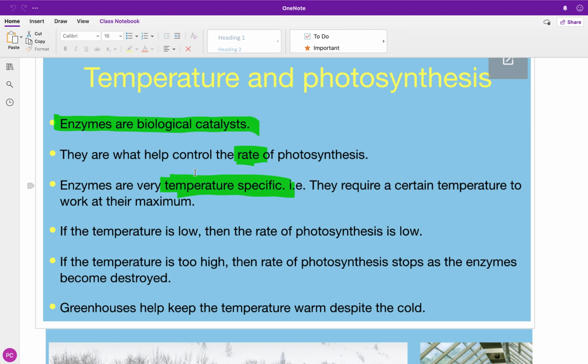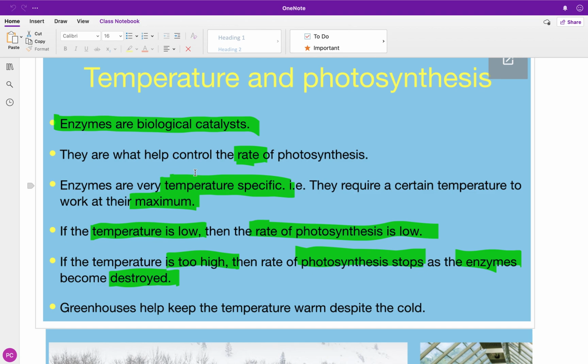Really hot, and you came across the word last time, they can denature. So they have a particular temperature to work at their maximum, so they're fastest. If the temperature is low, the rate of photosynthesis is low. If it's too high, the rate of photosynthesis can stop. Same as the enzymes that are in respiration. And what happens is then, because the enzyme gets destroyed or denatured.